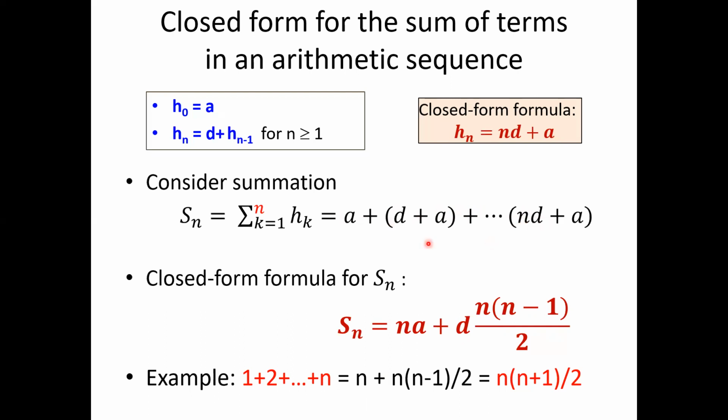That sum, 1 plus 2 plus 3 plus 4 plus 5 up to n, the closed formula for this is this. It's almost n squared minus 2 over 2, but it's not exactly n squared, it's n times n minus 1. So this is the most important case of this formula, right?